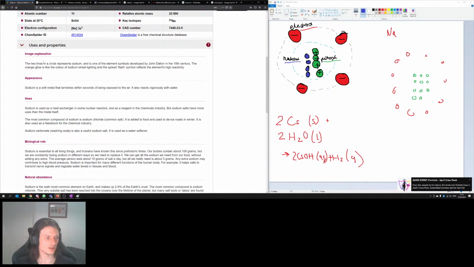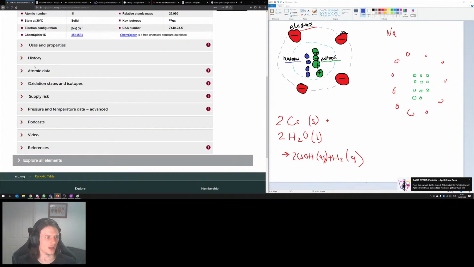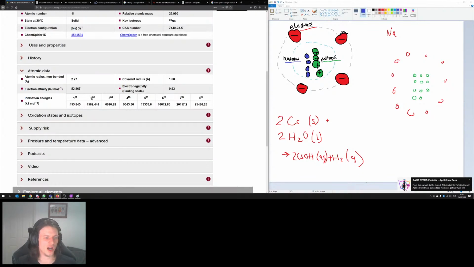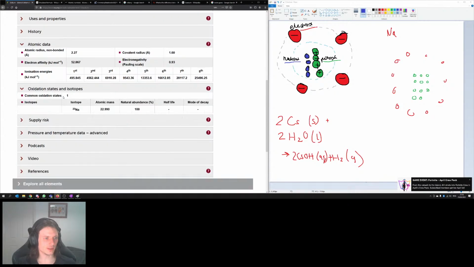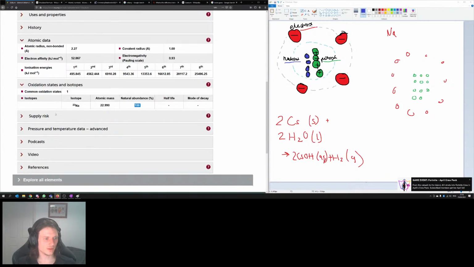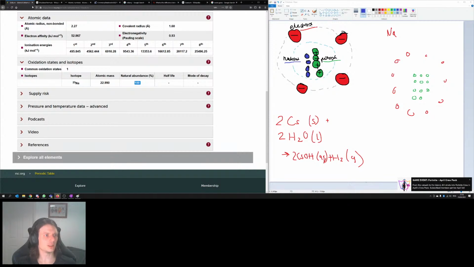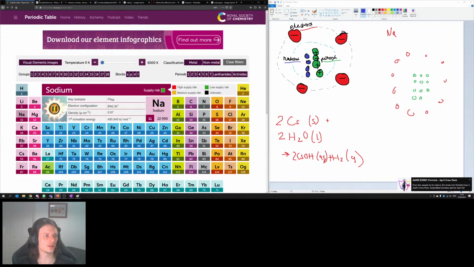Let's have a look. Atomic data. Ionization energies. First, second, third, fourth, fifth, sixth, seventh, and eighth. Okay. States and isotopes. Nope. Okay, that's not so helpful.